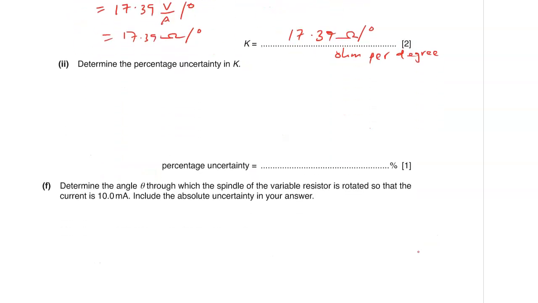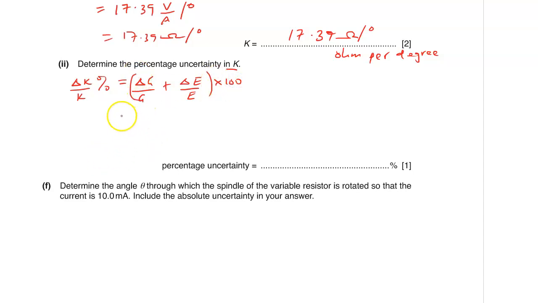We are told to determine the percentage uncertainty in K. Of course, we have gotten K from calculating the gradient. So the percentage uncertainty of K is delta K over K, in percentage. Of course, this is going to be equal to the uncertainty of the gradient over the gradient plus the uncertainty of the EMF over the EMF, and of course times 100.